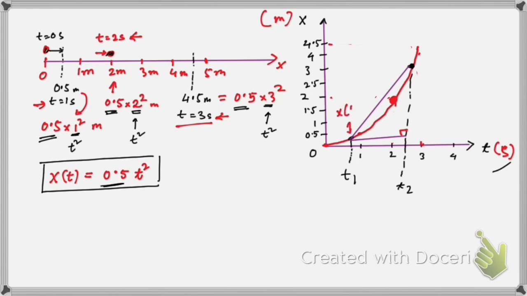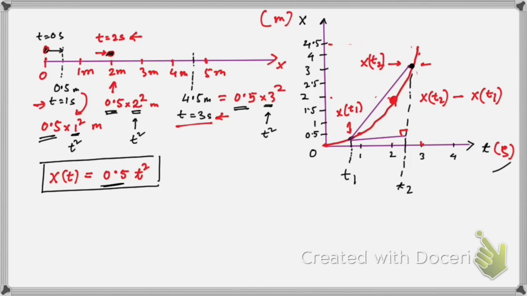So this is the position at t1, t2, and this is t2 minus t1. That means this is the change in position, right? Hope you have understood this.